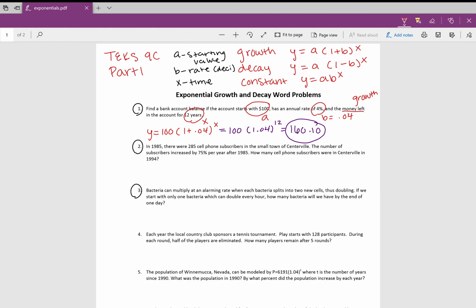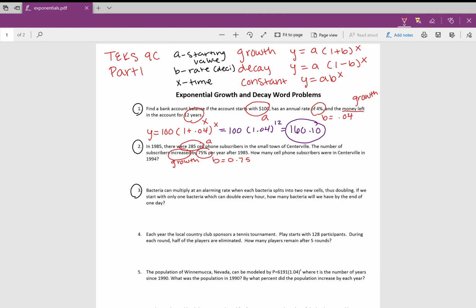In 1985 there were 285, so that's our starting value, A. The number increased, so it's a growth, by 75%. That's our B value, which as a decimal is 0.75, two decimal places to the left.